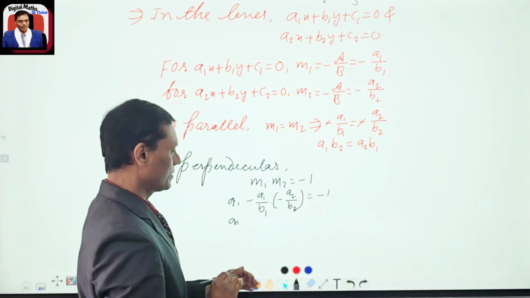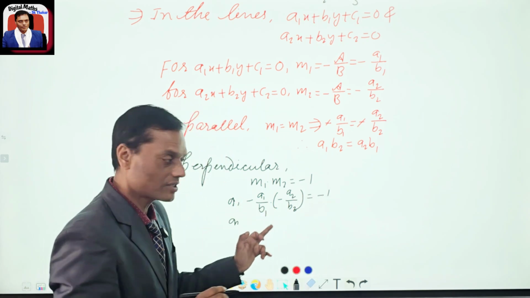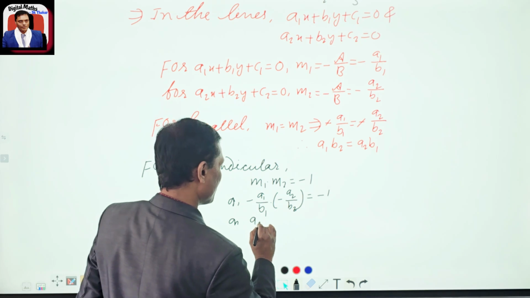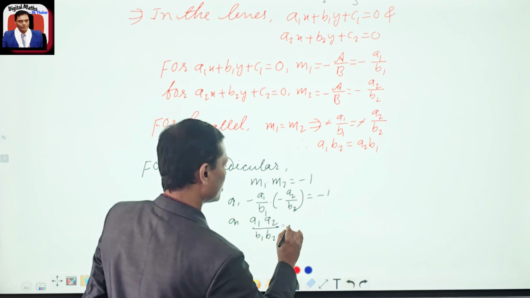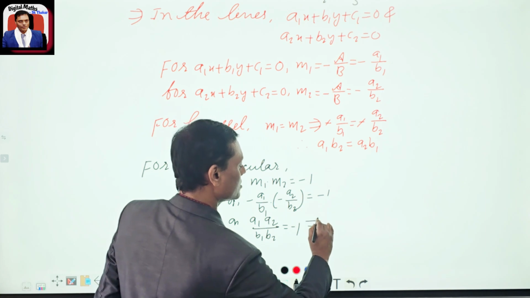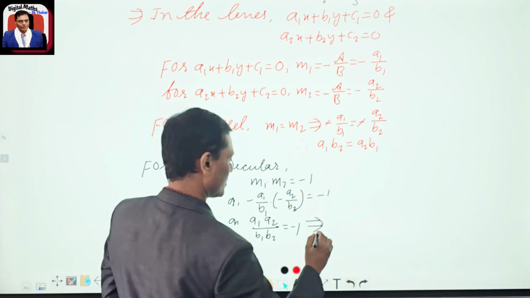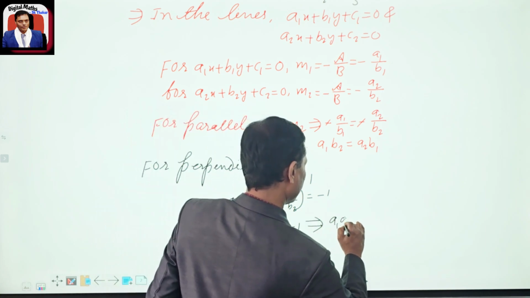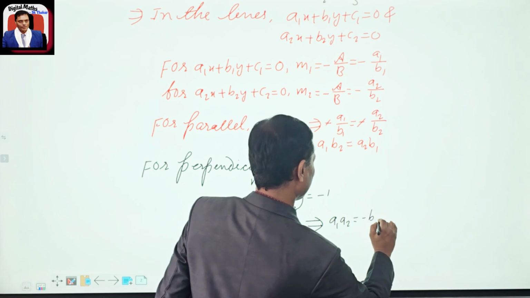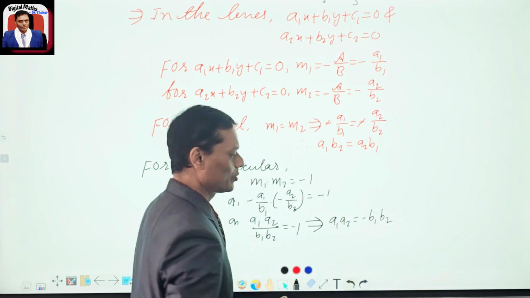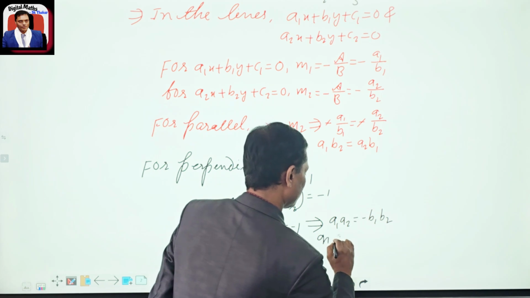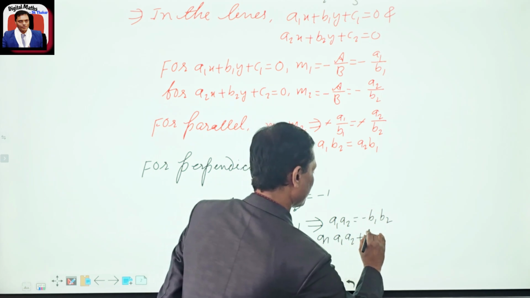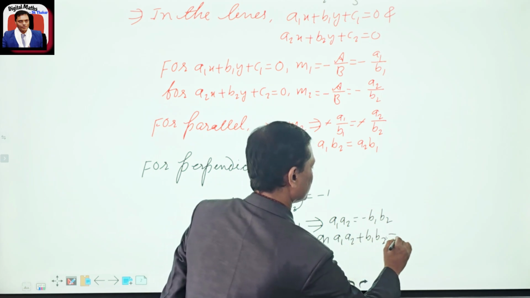On the left hand side, minus becomes plus, so we can write a1 a2 by b1 b2 equals minus 1. Just do the cross multiplication: a1 a2 equals minus b1 b2, and when we take minus b1 b2 to the left hand side, that becomes a1 a2 plus b1 b2 equals 0.